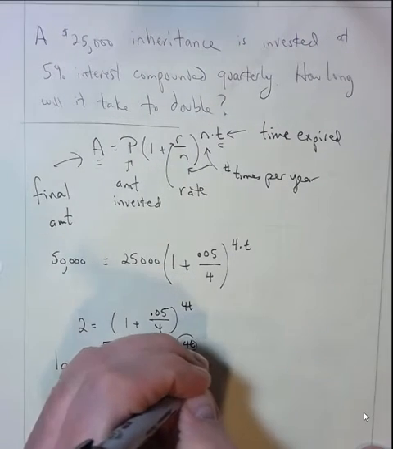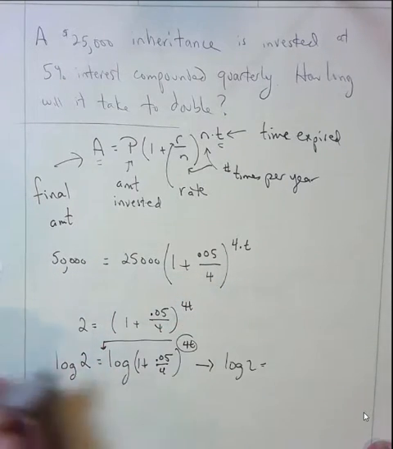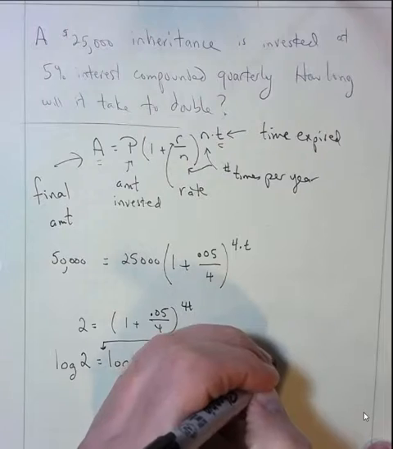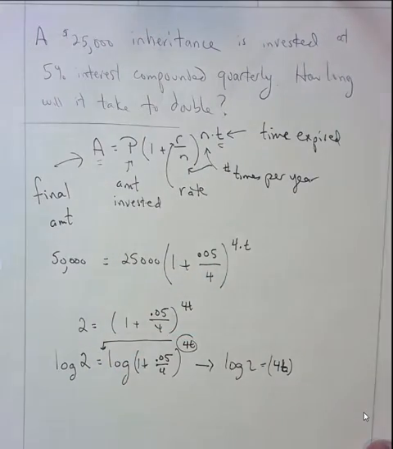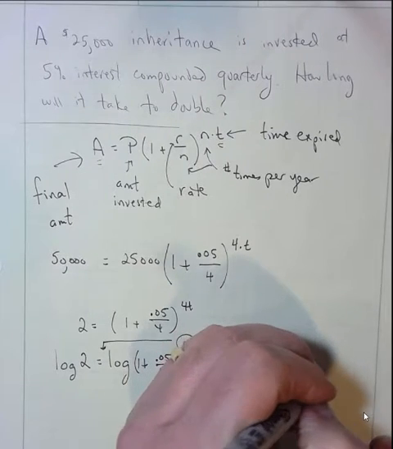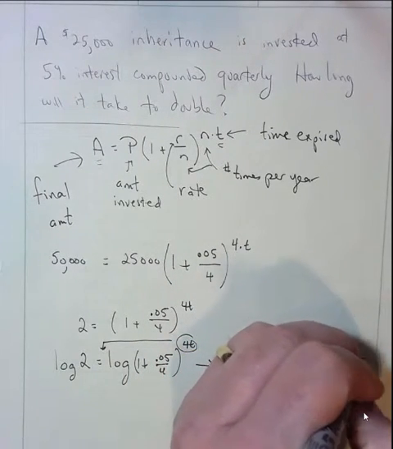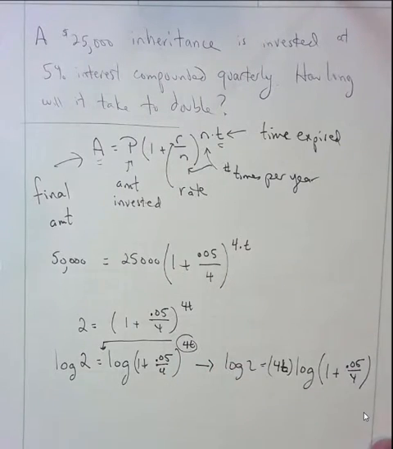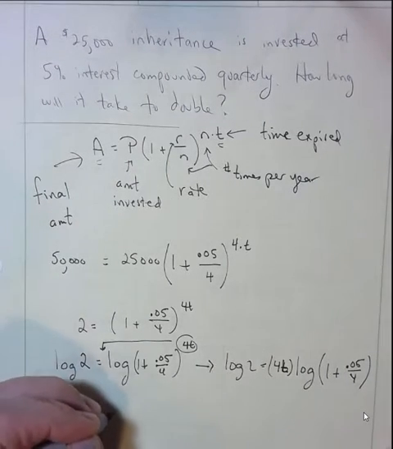And so now I still have my log of 2 on the left side. Now this exponent of 4t can come down in the same line as everything else, like that.